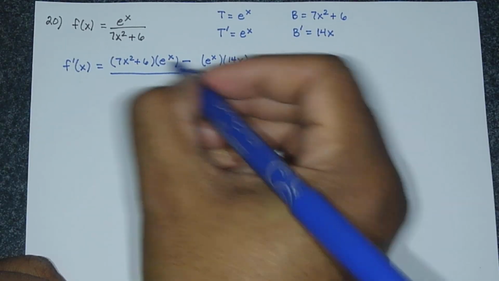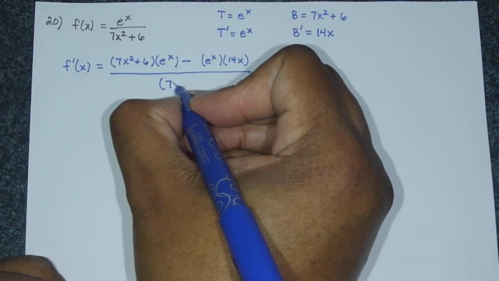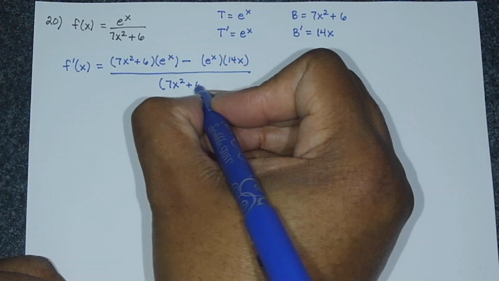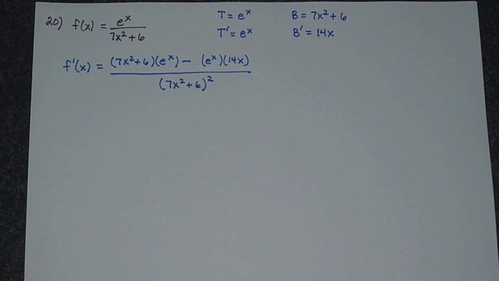All of that is divided by the square of the bottom, 7x squared plus 6, squared. So I'm using the rule for the quotient rule: bottom times the derivative of the top minus the top times the derivative of the bottom, all divided by the square of the bottom.